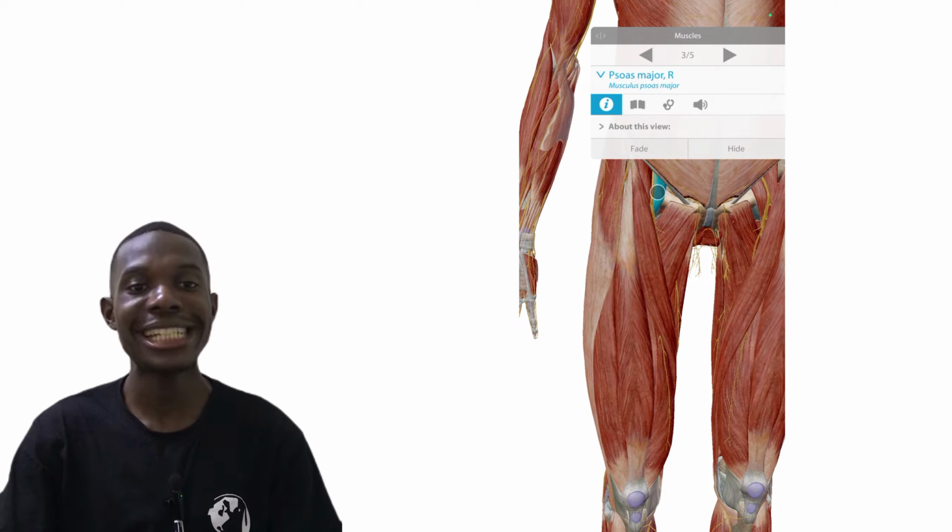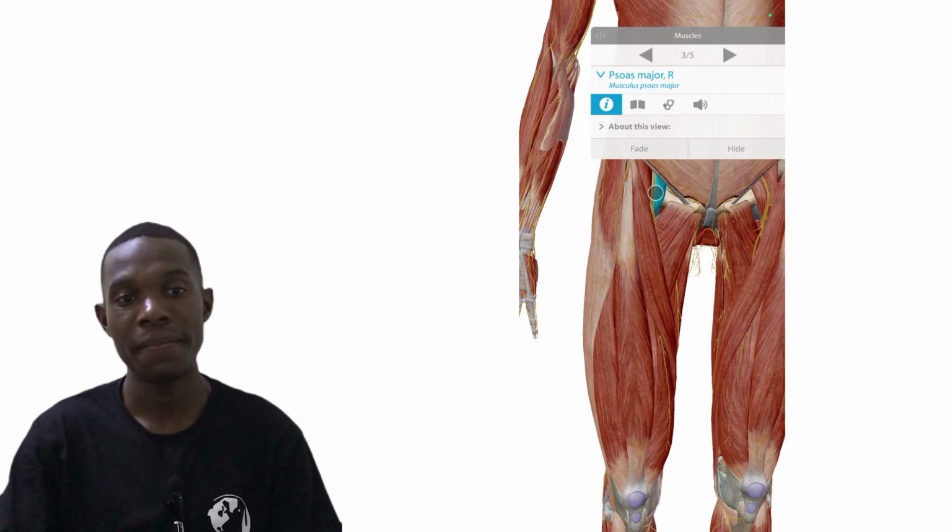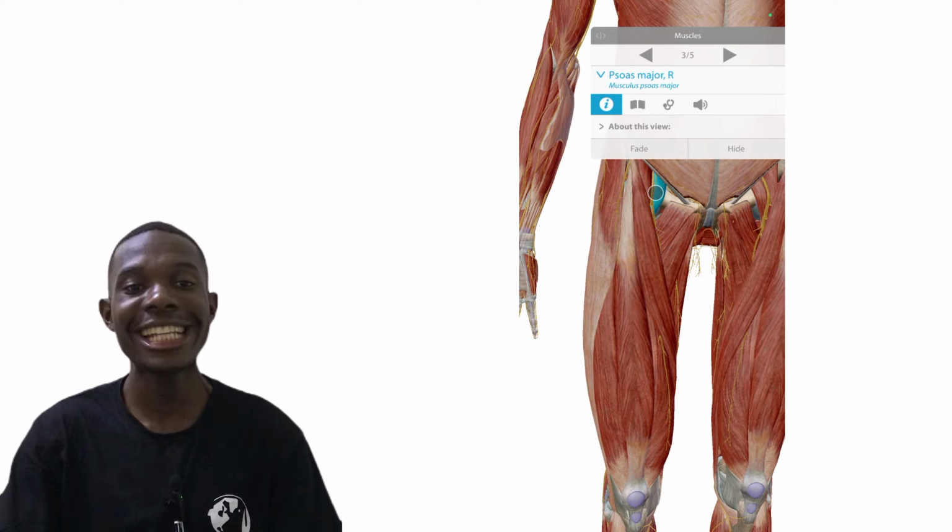The psoas major muscle is highlighted there. It originates from the lumbar vertebrae, or let me say specifically from T12 to L5, the bodies, the transverse processes, as well as the intervertebral discs of T12 to L5.